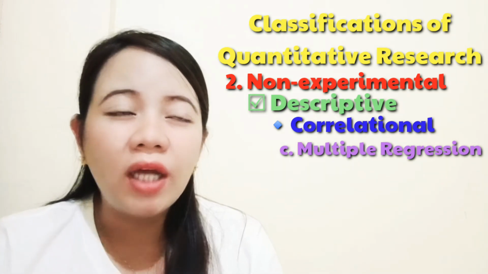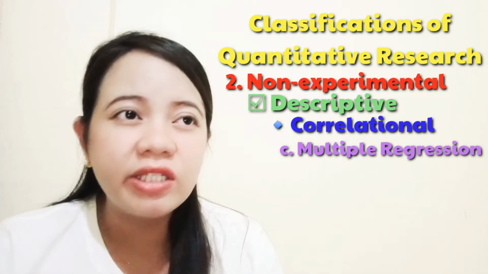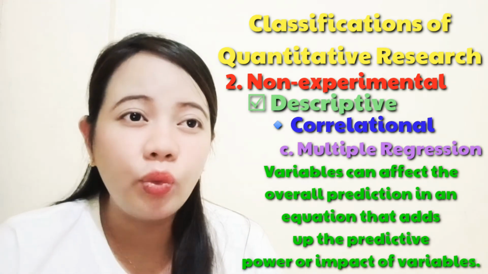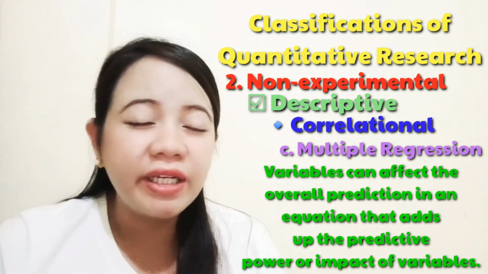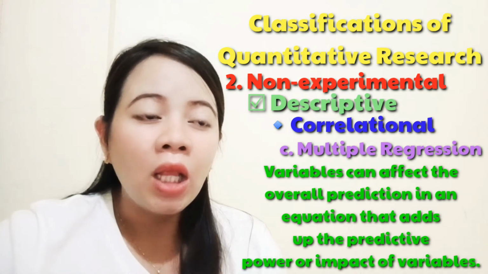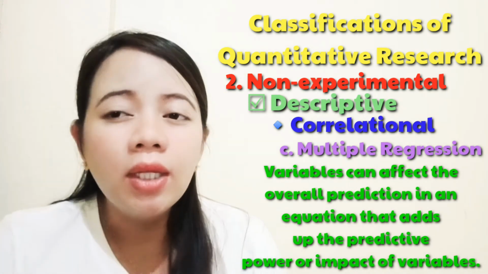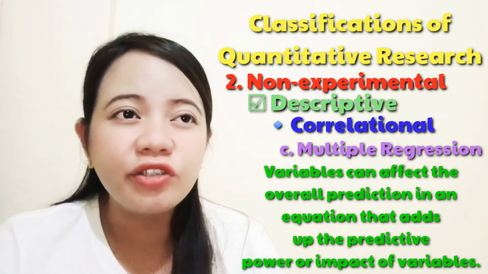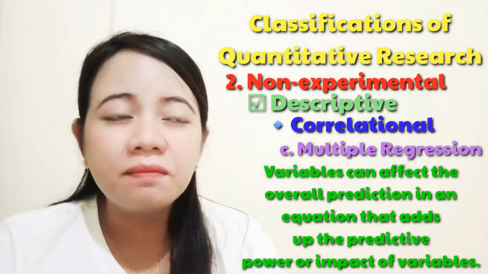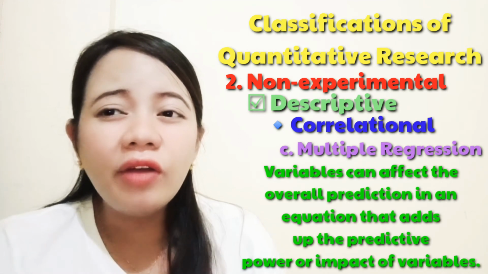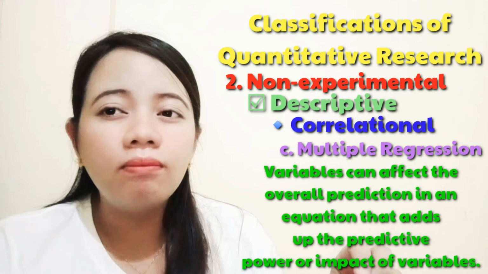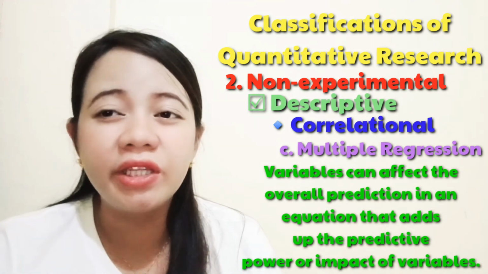Next is the multiple regression. Okay. So, under pa rin siya sa prediction studies. So, variables can contribute to the overall prediction in an equation that adds together the predictive power of each identified variable. So, minimin natin dito sa multiple regression na to is that yung mga variables mo, okay, can actually influence yung overall prediction.